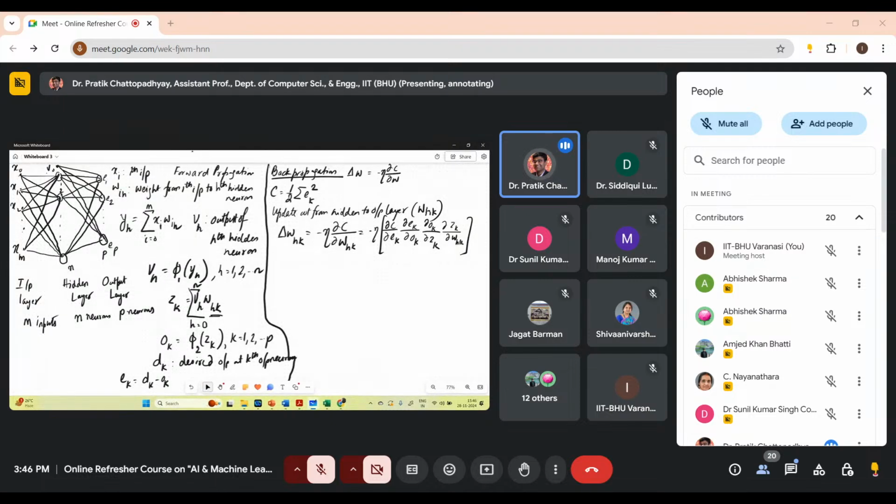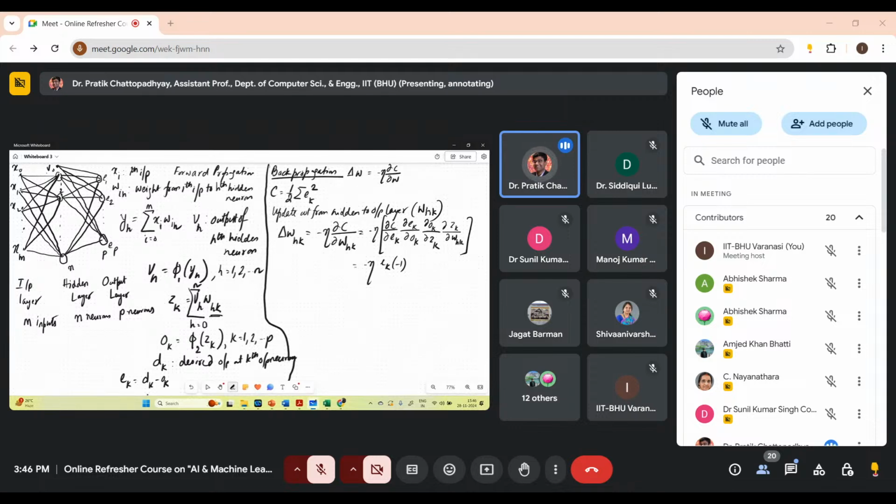Now we can easily compute them. So it will be minus eta, del C del E is simply EK. Then del EK del OK is minus 1. Here we are just having a minus. Then del OK del ZK, we have one activation function phi 2.